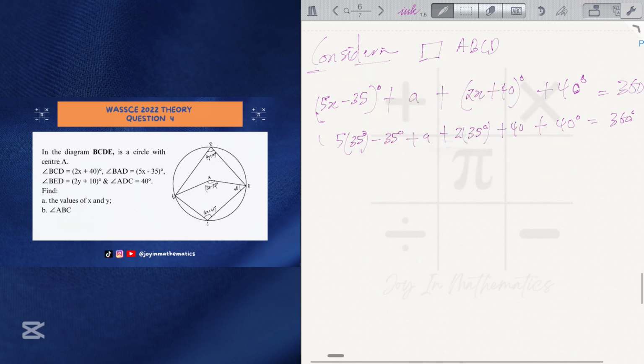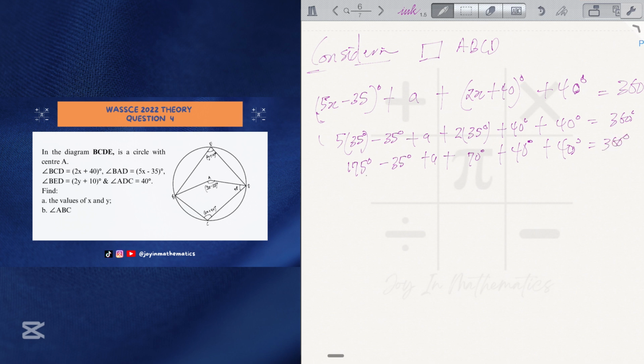So in view of this, 5 multiplied by 35 degrees is 175 minus 35 degrees plus A, 2 multiplied by 35 is 70 degrees plus 40 degrees plus 40 degrees, and everything is equal to 360 degrees.